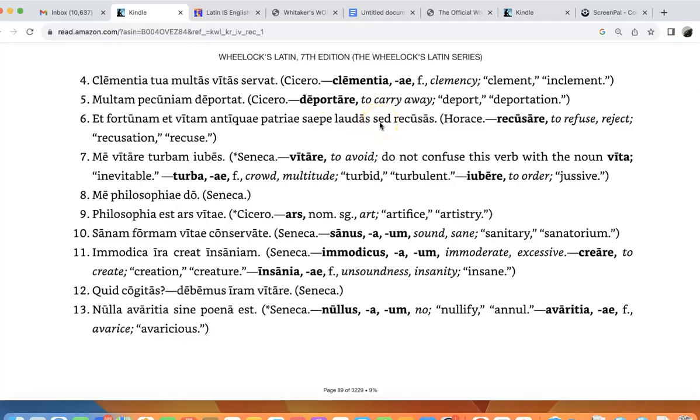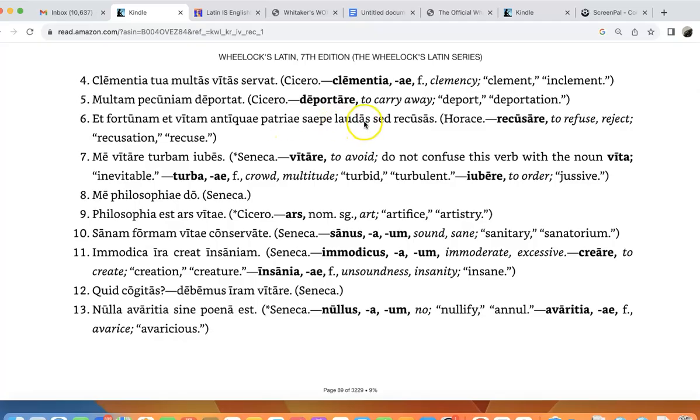Sed means but. That's also a conjunction. So you, because s means you, you often praise, but reject both the fortune and life of the ancient fatherland.